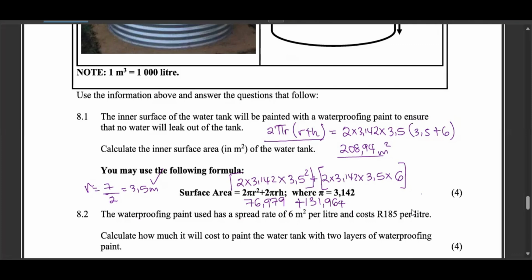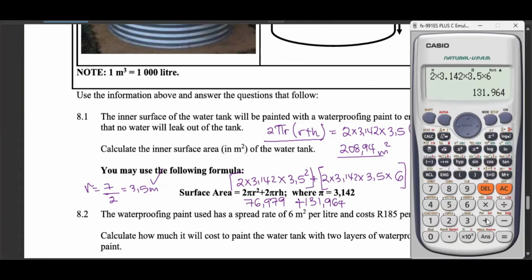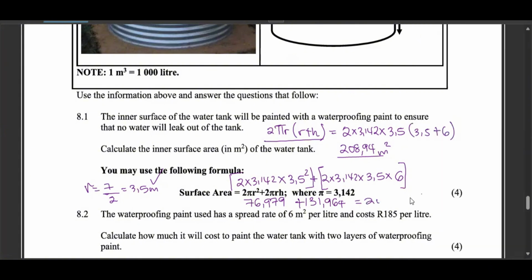Remember, this one is already here, so you just add on 76,979 and the answer comes out nicely: 208,94. Don't forget the units. That's what we mean by simplifying.